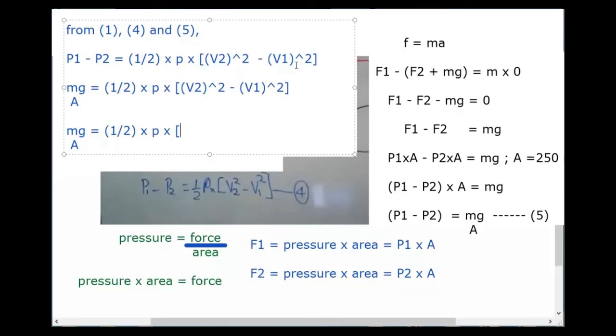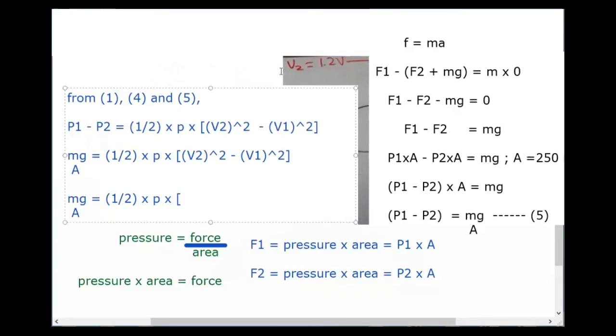What is V2 according to this red color equation? Somebody unmute the mic and tell me. 1.2 V1, 1.2 times V1. Very good. According to equation number 1, V2 is 1.2 times V1.